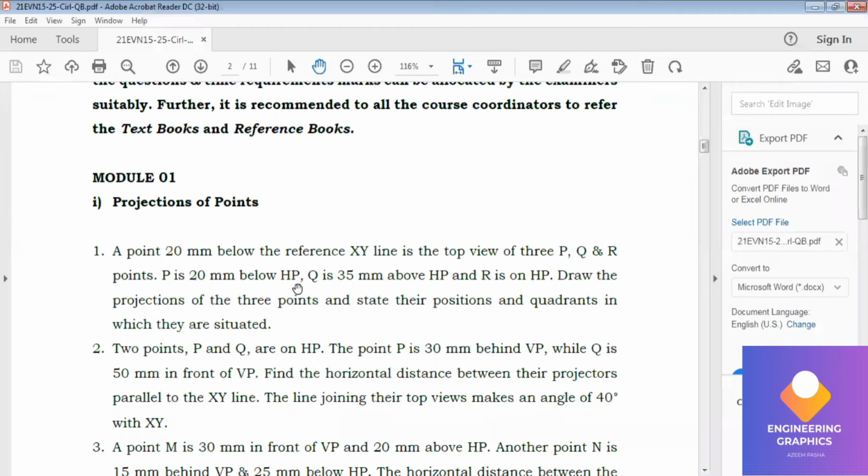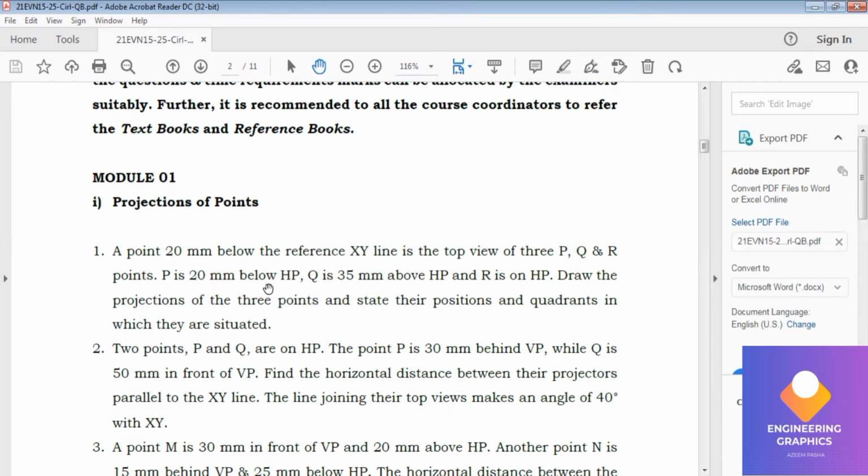See, P is 20 mm below HP. So below HP means the front view will be lying in the third quadrant and fourth quadrant. So in both cases a front view will be lying below the xy line, that is VP plane.